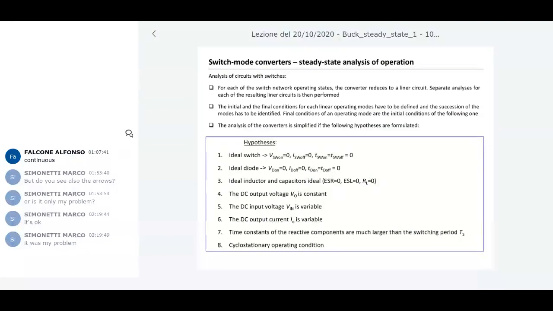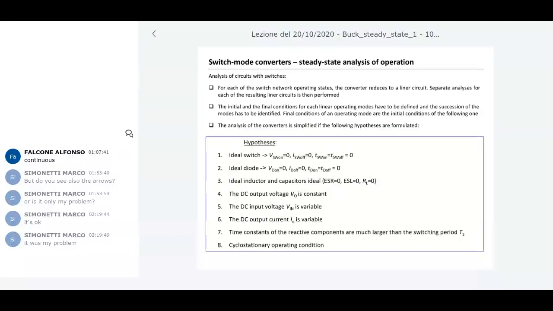For example, when the switch is on and the diode is off, and you look at the circuit in that specific static condition, the circuit is linear. The same when the switch is off and the diode is on, which is the second possible condition. This is my analysis method: analyze the circuit for each of the different switch states you can have, in this case two.